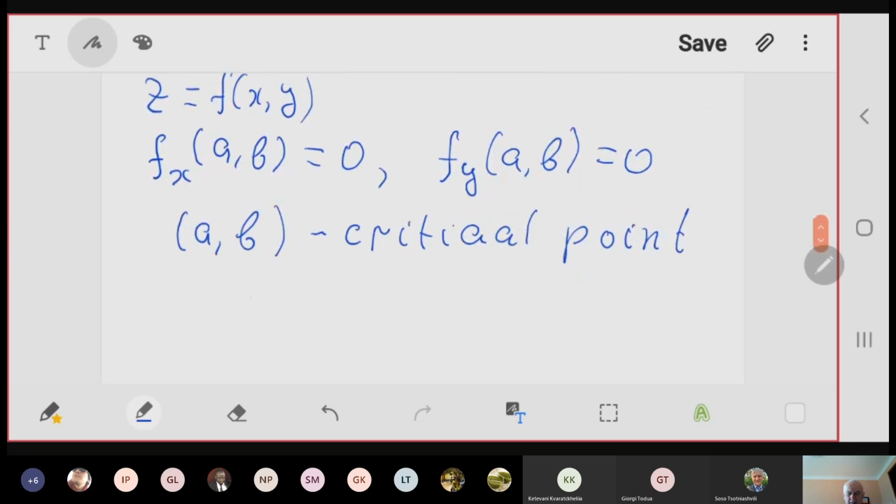Next step is that we need to find all second order partial derivatives.